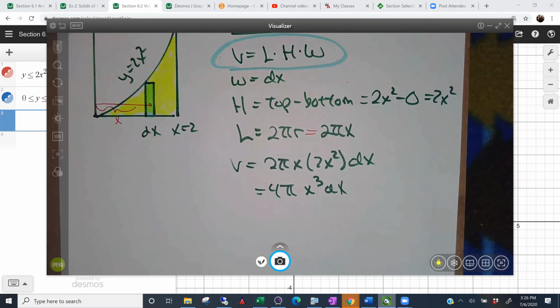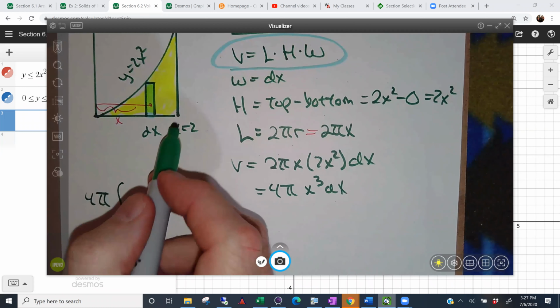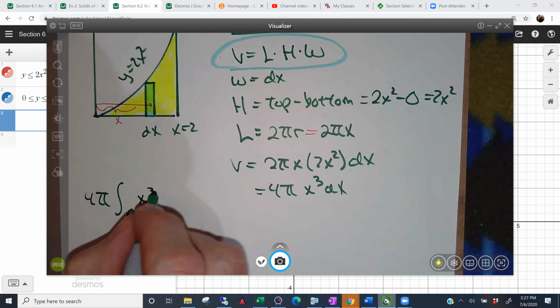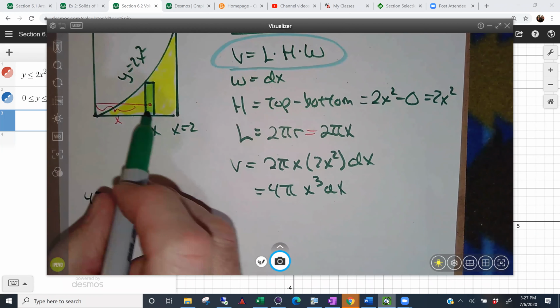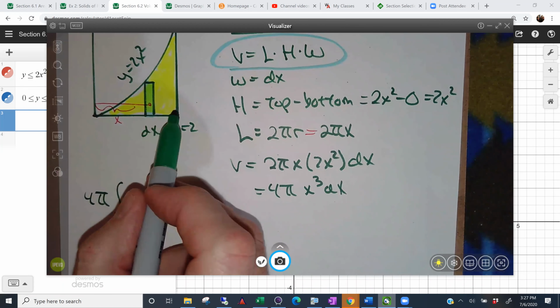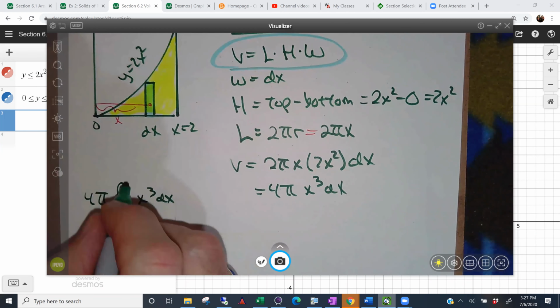We need to find the volume of all such shells, and actually find the volume of the solid of rotation, solid of revolution. So I have to integrate. Let's take the 4 pi out front, integral between 0 and what? Well, this slice can go anywhere up to 2 or down to 0.